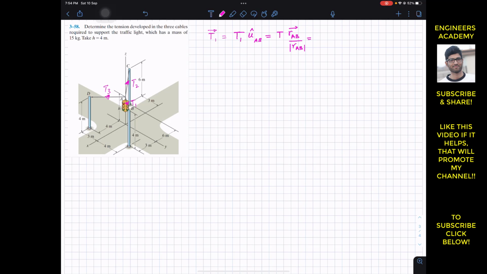So T1 magnitude multiplied by the position vector. Remember that h is 4 meters.